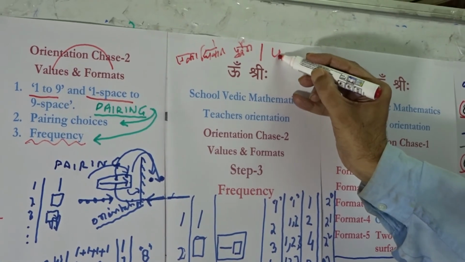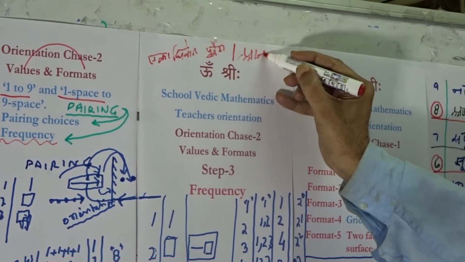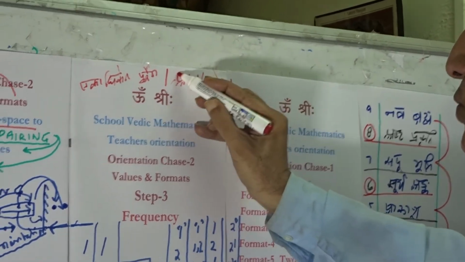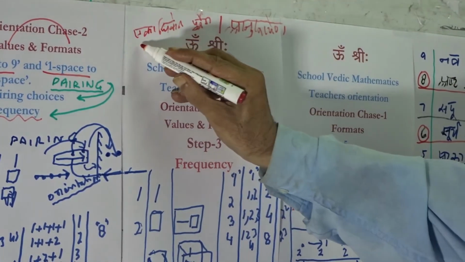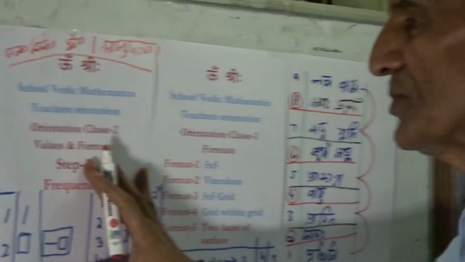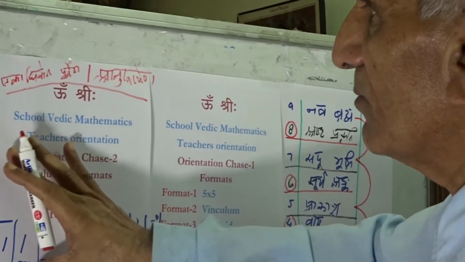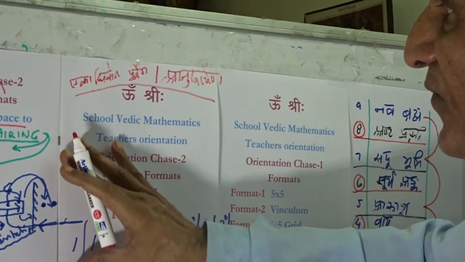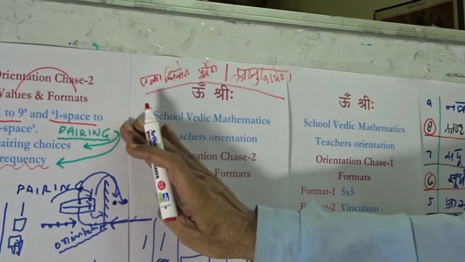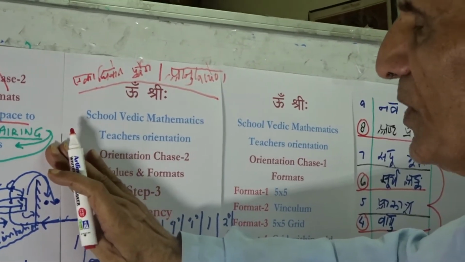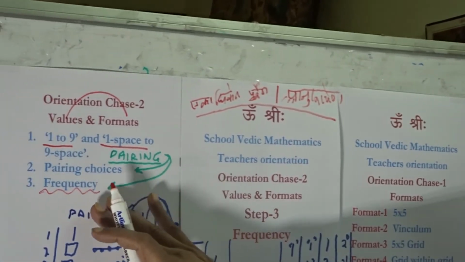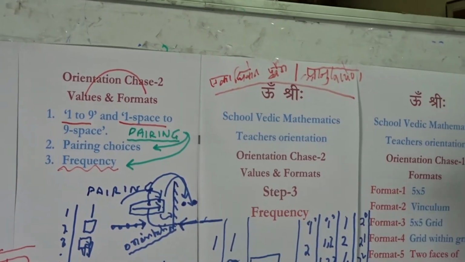This sutra is to be introduced very gently, and coupled with it, we have to introduce the symmetry rule, Ganita Upasutra Anurupyena. These two, this sutra and upasutra, are to be introduced together for a smooth transition from the pure and simple concept of pairing to the concept of pairing choices, and to pairing frequencies.